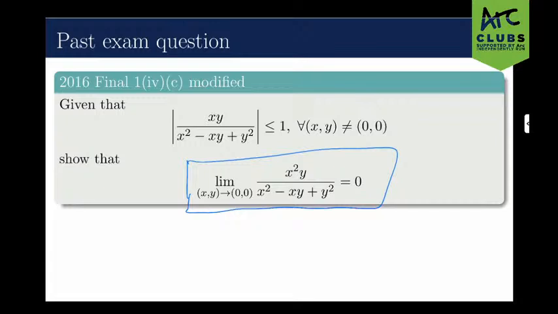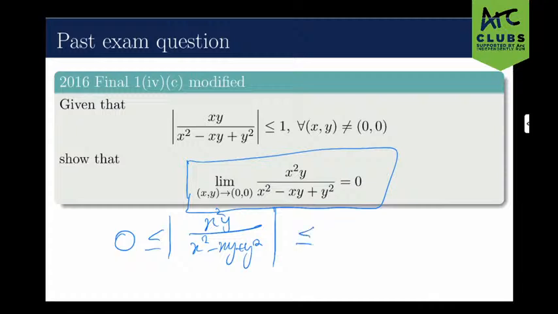So they want me to show that a limit is 0. Generally the idea is I want to take the absolute value of this thing, and I want to show it is less than or equal to something else that's going to go to 0 as x goes to 0, 0.